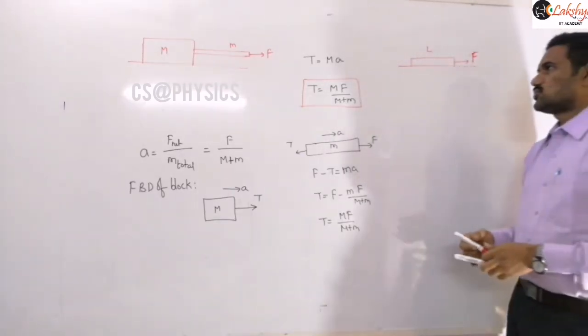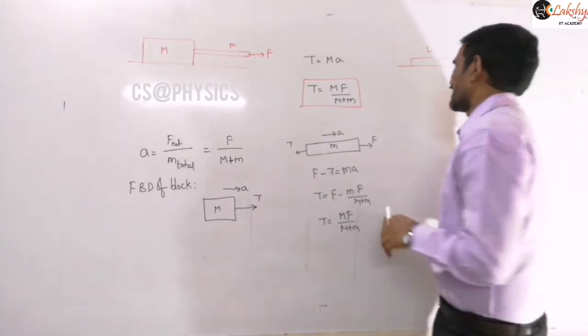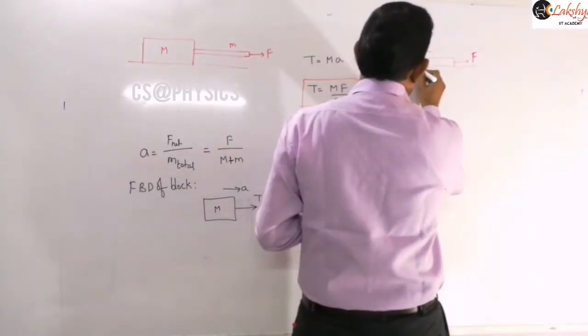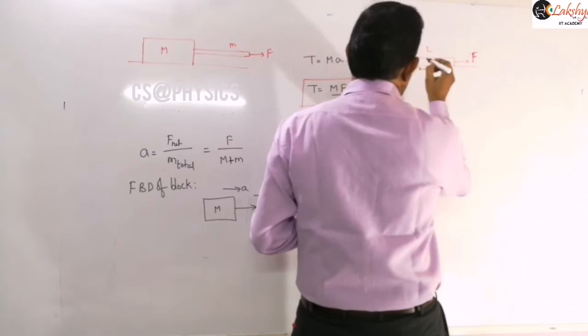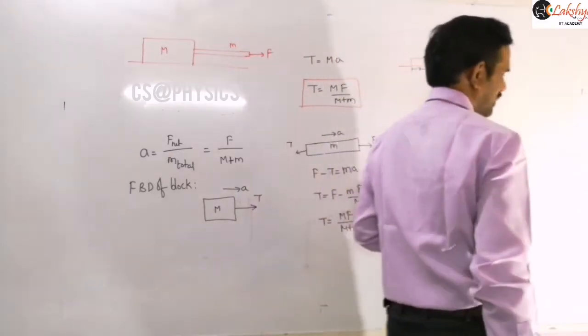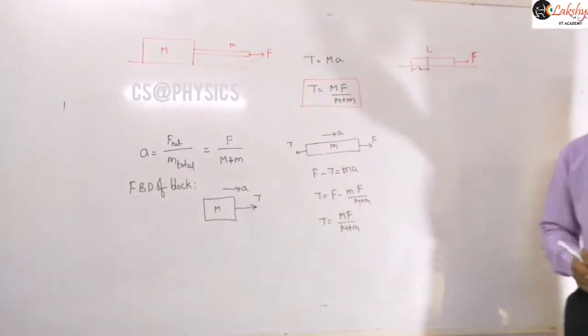So we need to calculate this tension at a distance x from the free end of the string. Let us say this is the x length. At this point we need to find the tension in that string.